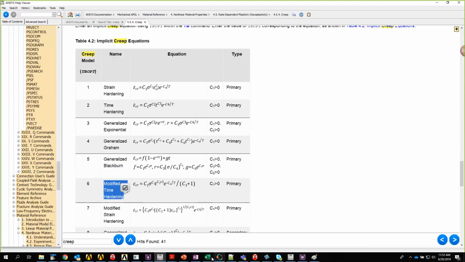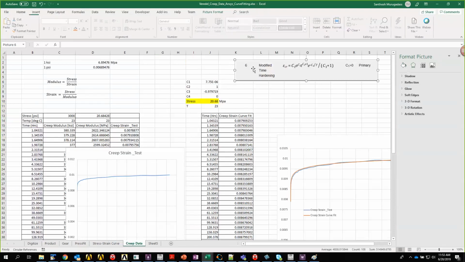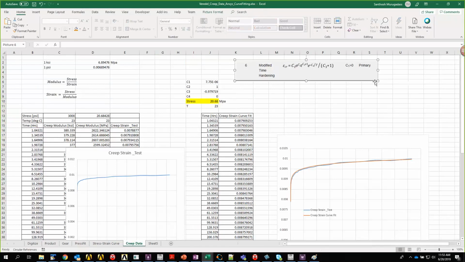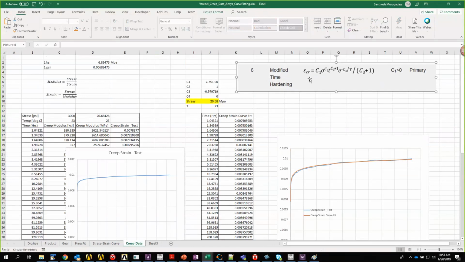So the equation for the modified time hardening model looks like this. This is the equation for the modified time hardening model. Now let's try to understand a little bit. We need to understand a little bit of graphing and the hyperbolas or the parabolas or the exponential curves and so on. Let's look at this equation. What does it say?